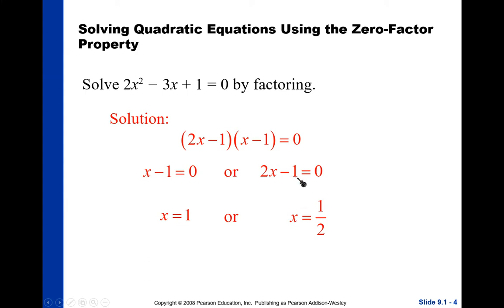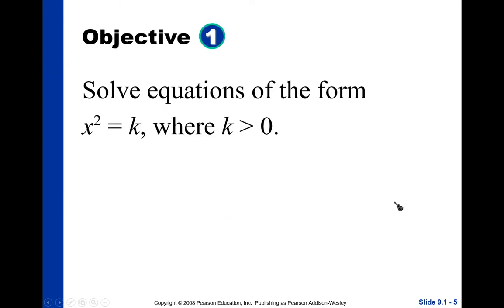Then, nagpalitan na po yung sign niya, hindi na siya negative, magiging positive kasi nilipat natin sa kabilang side. So, 1 over 2. So, magiging x is equal to 1 half. So, that's one example of solving quadratic equations using zero factor property. So, yung values ng dalawa ay 1 half and 1. So, yun lang. Ganun lang siya kasi.